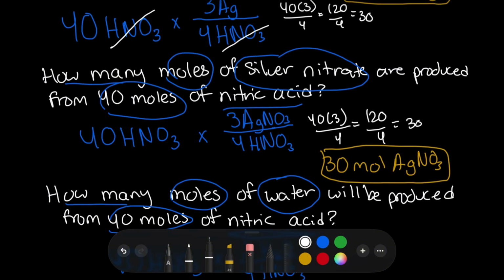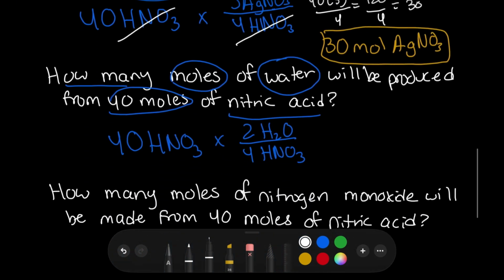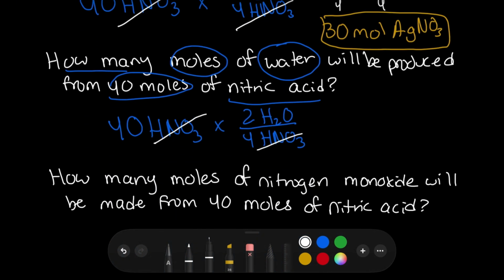Oh, I forgot to cancel these out here, but you do the same: you cancel these out and do 40 times 2 over 4, which is 80 over 4, which is 20. So our answer will be 20 moles of H2O.